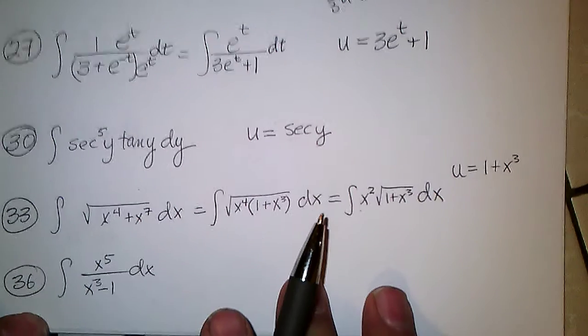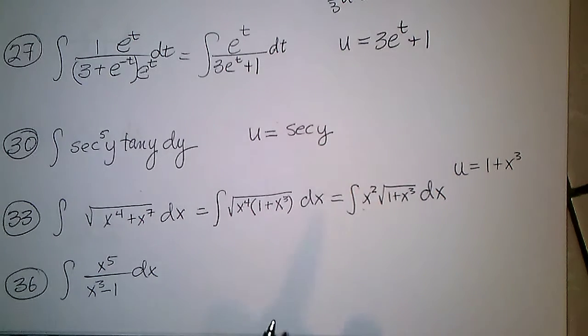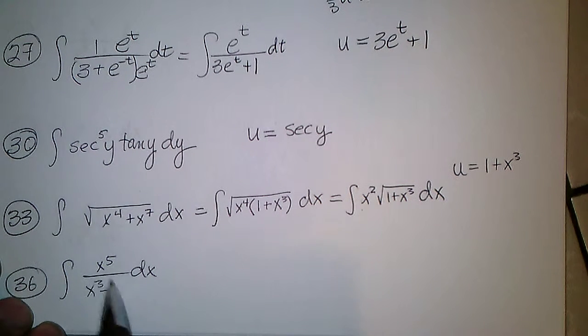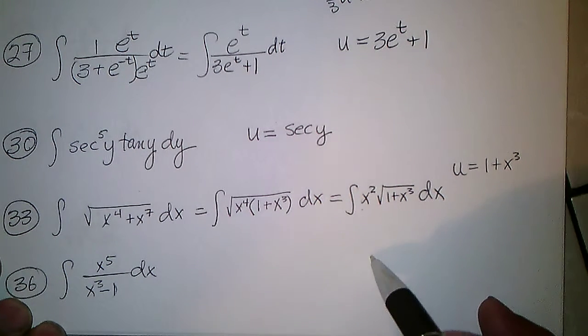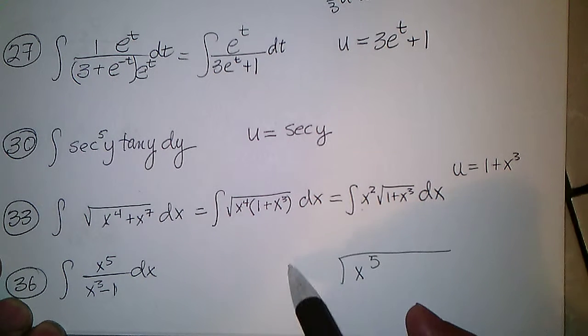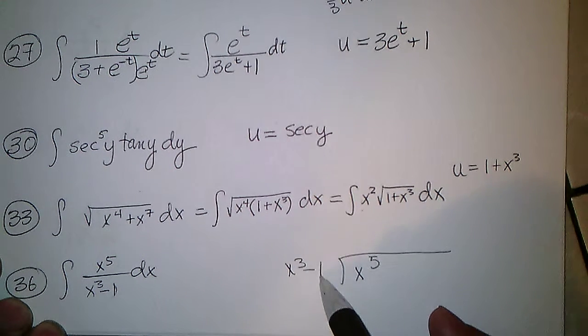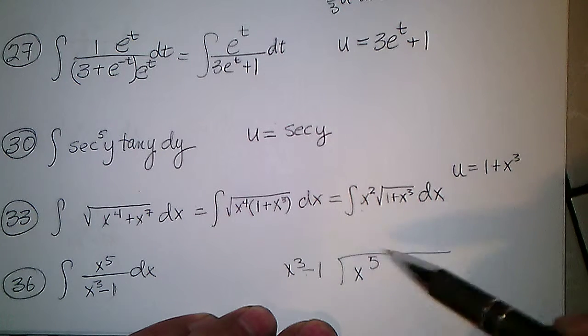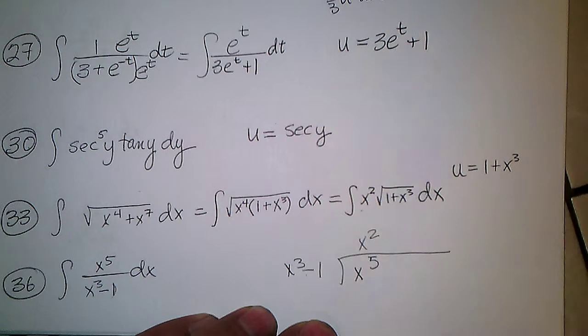36. 36 is one that I would do long division because this is a higher degree than this. So I do x to the fifth divided by x to the third minus 1. And this would become, go in there, x squared.